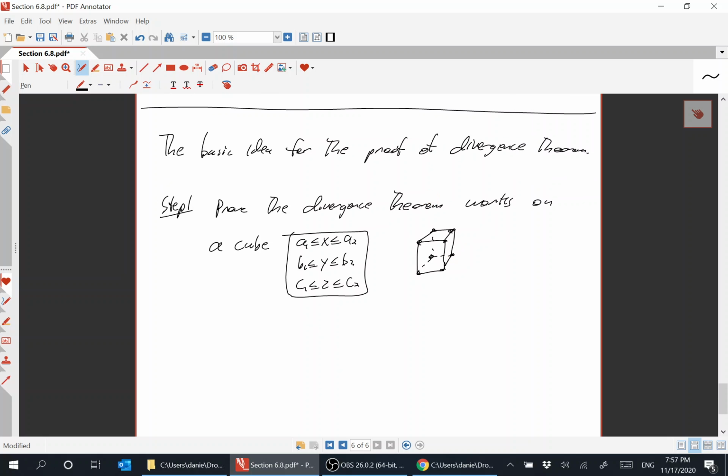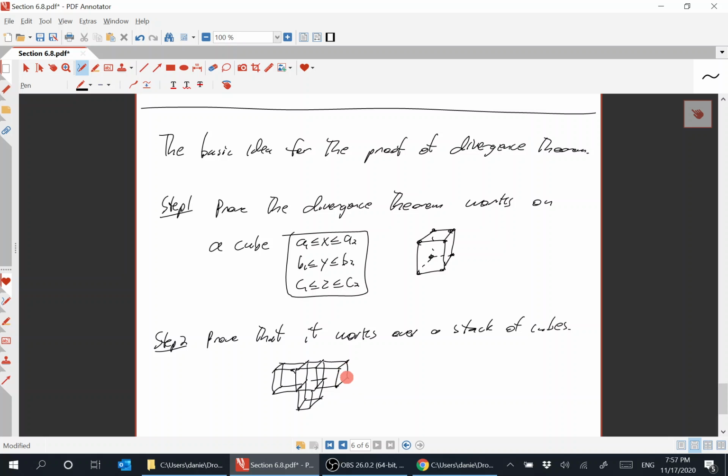Right, and then step two, prove that it works over a stack of cubes. So you take your cubes and you stack them up, and you make your pile of cubes, all of the same size. It's much harder to draw here in 3 dimensions.